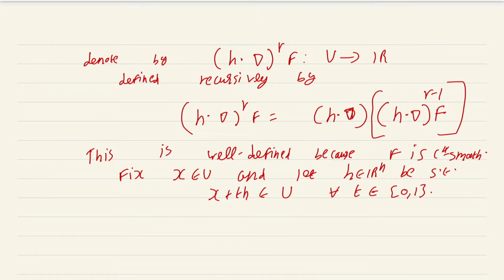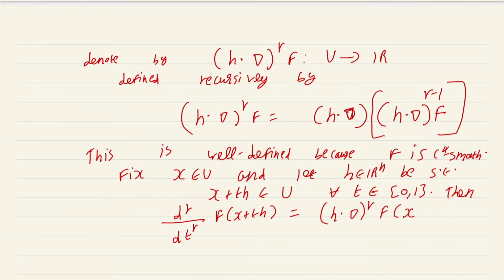Okay, then d^r by dt^r of f of x plus th is nothing but (h dot grad) power r of f at x plus th.